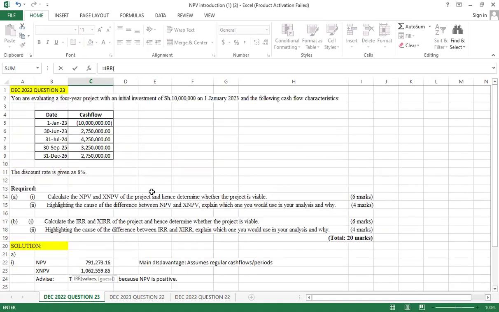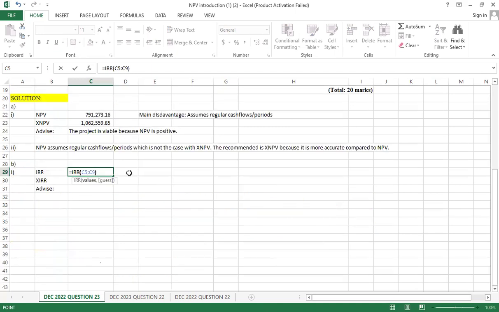In this case, you pick all the cash flows, from the negative one, the initial investment, to the last. And ladies and gentlemen, that's it. You close the bracket, and then you press enter. That comes to about 12 what? Percent.